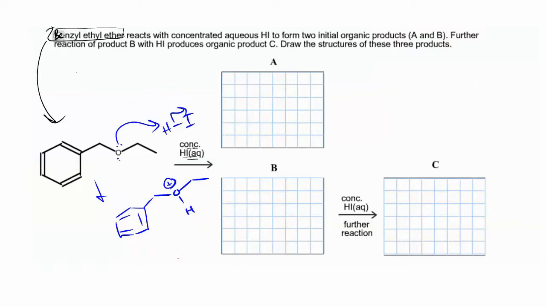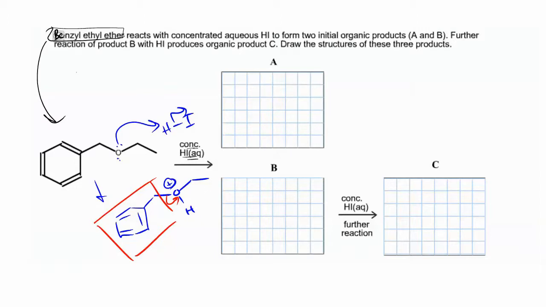So there are different ways we can look at this, which can lead to the generation of different products. If we said that this is the main molecule and that this is the leaving group, then we would generate, I think they're just looking for the alcohol.